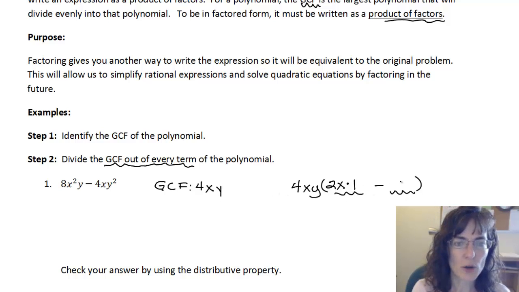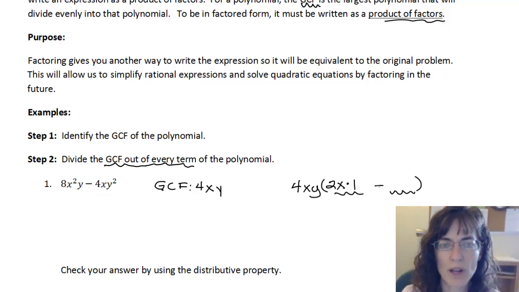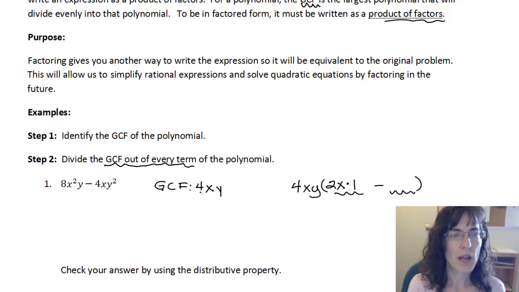The second term, this one here, I'm looking for what do I multiply positive 4xy by to get this negative 4xy squared. Well, I already know I need a negative there, and 4 times 1 is going to give me that 4, so I only need a 1 here. And then I can look at the x. x times 1 is going to give me the x here.